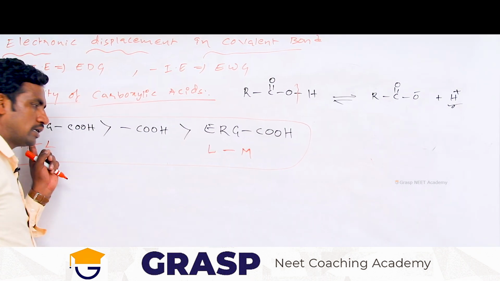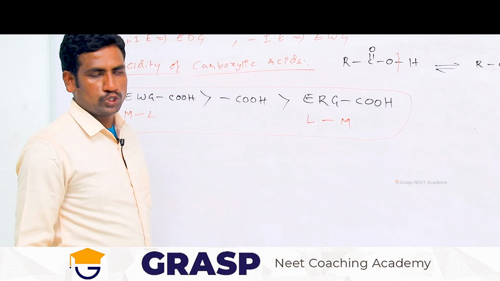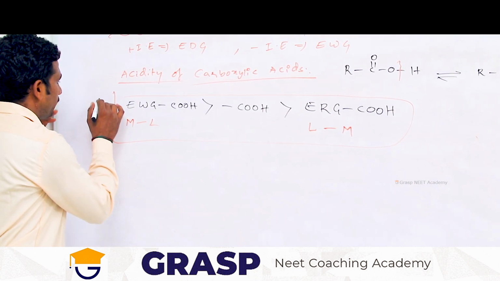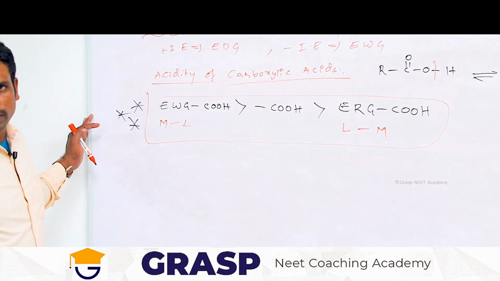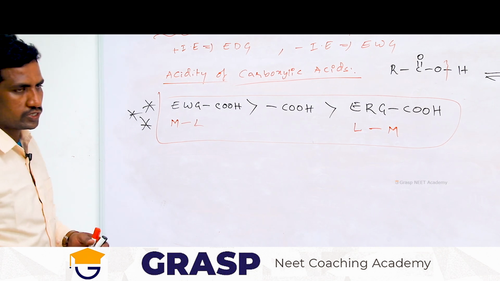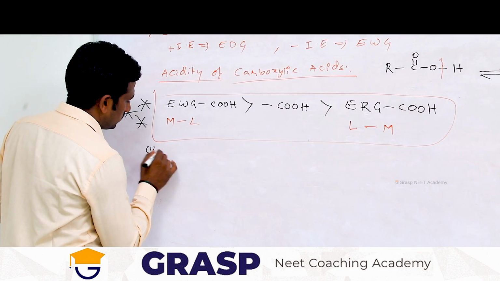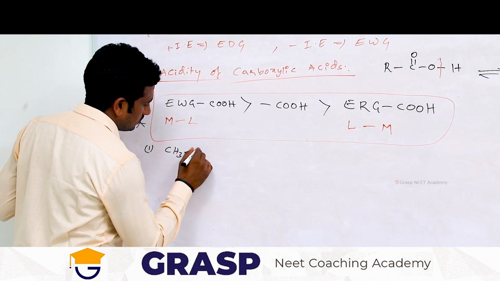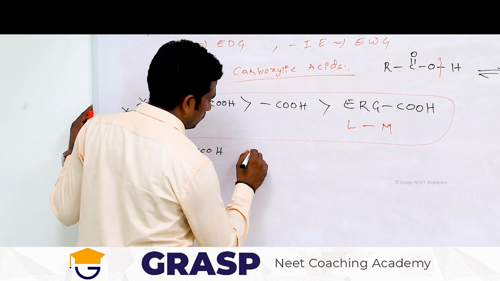No doubt, in cases where electron withdrawing groups are attached. If you arrange them in such a way, you will get the order of acidity. You can understand this concept directly from examples. The first example is acetic acid, CH3COOH. What is the second example?